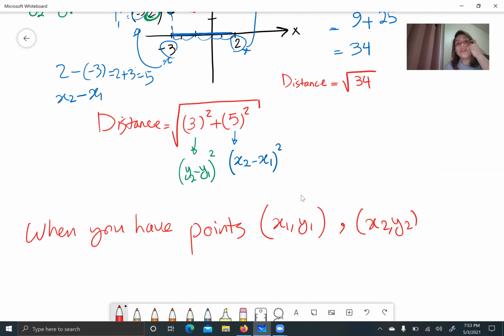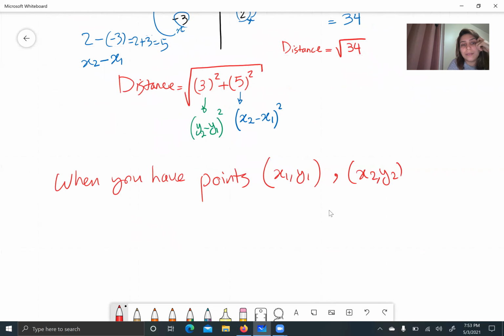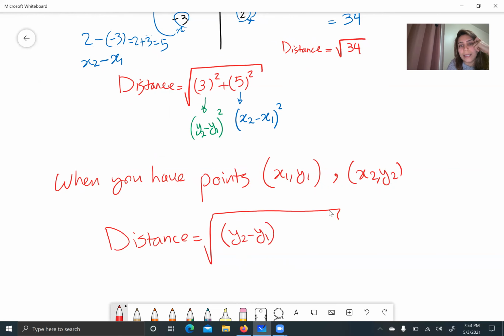Then if you want to find the distance between those 2 points, you can take the square root of, find the difference in their y coordinate, square it, find the difference in x coordinates and square it.